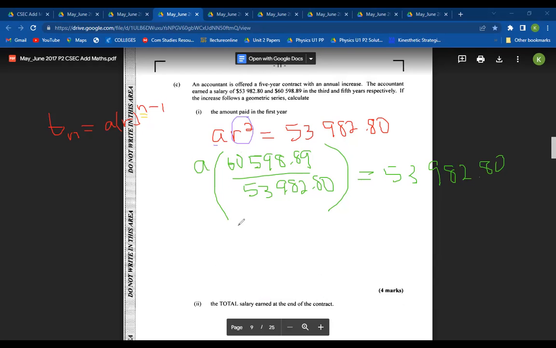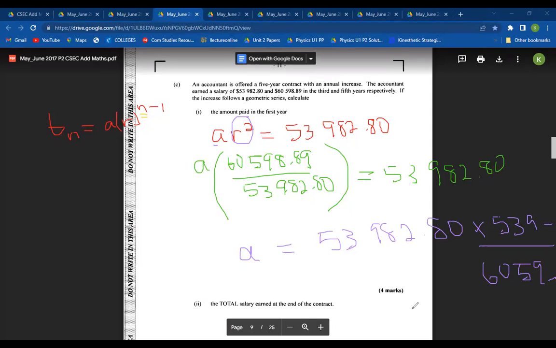What you should put into your calculator is A equals 53982.80 divided by this fraction. Or you could multiply by the reciprocal, so it's 853 and so on, divided by the 0.59 and so on.